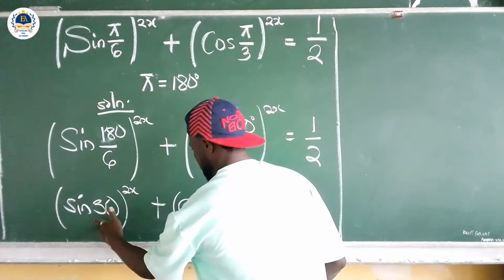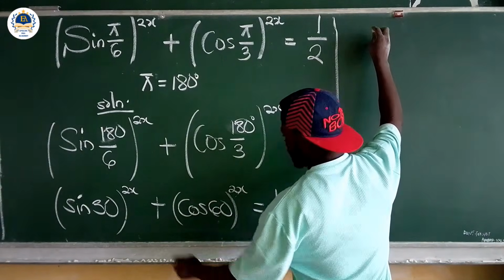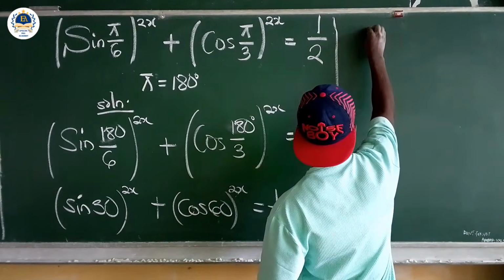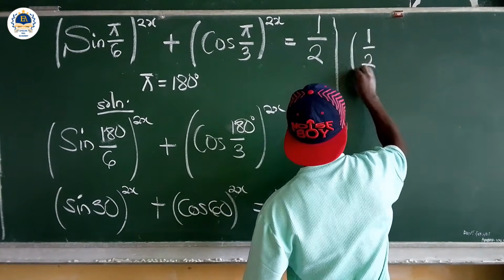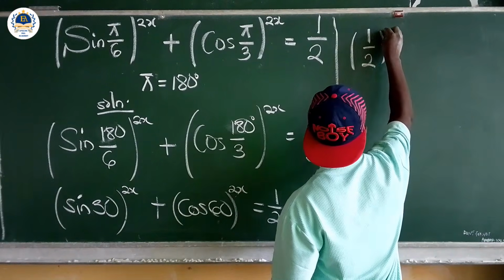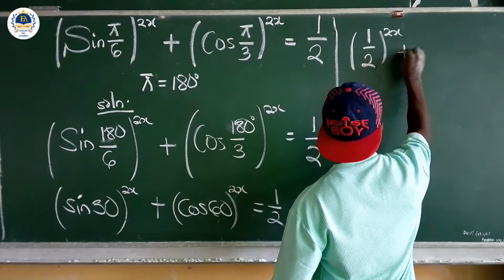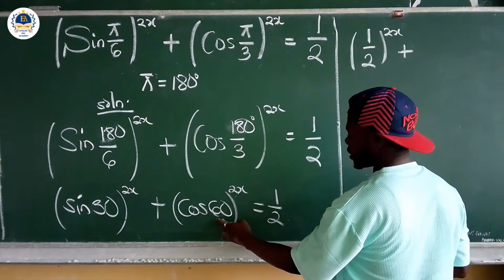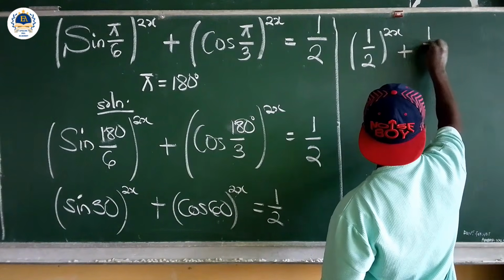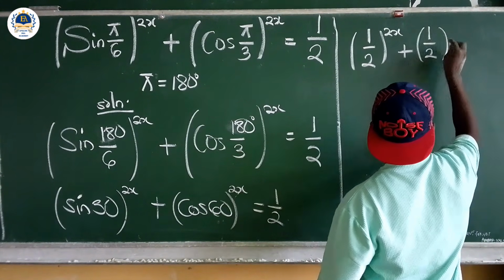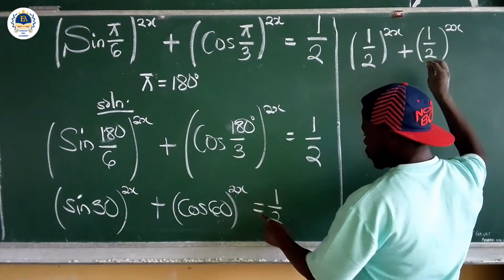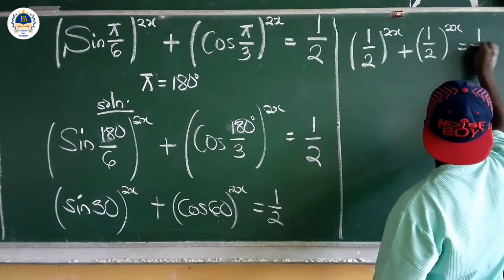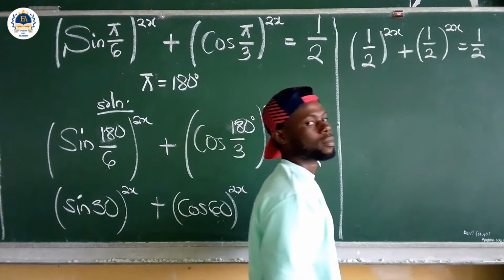So in place of sine 30, I'll put 1 over 2 raised to the power of 2x, plus cos 60 degrees gives 1 over 2 raised to the power of 2x, which equals 1 over 2.